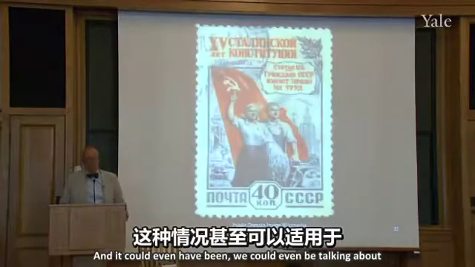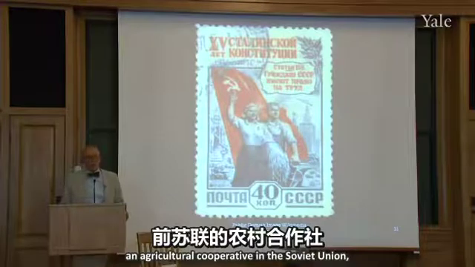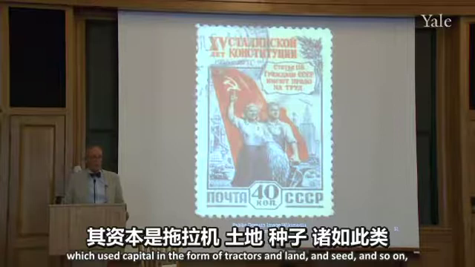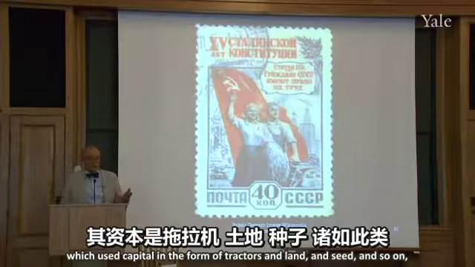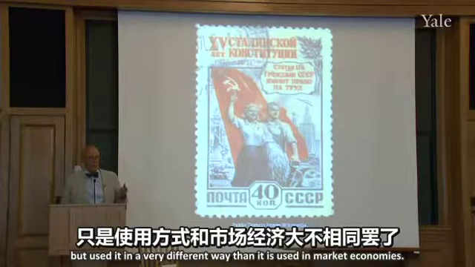And we could even be talking about an agricultural cooperative in the Soviet Union, which used capital in the form of tractors and land and seed and so on, but used it in a very different way than it is used in market economies.